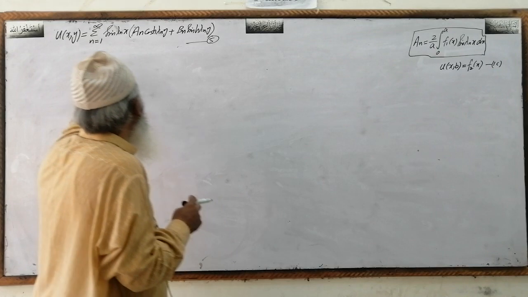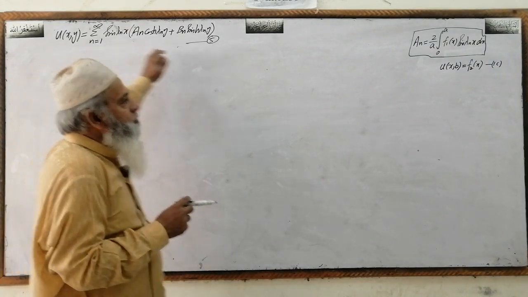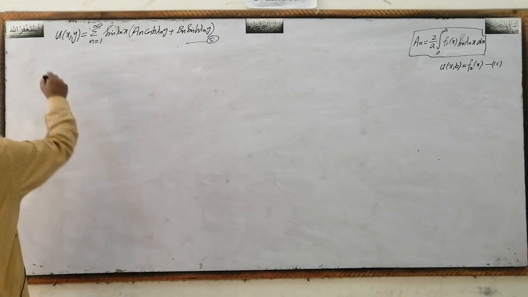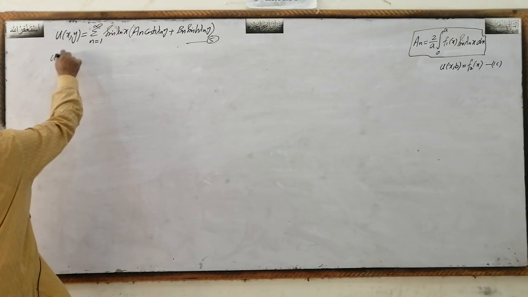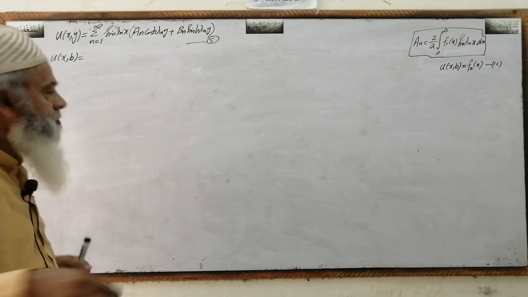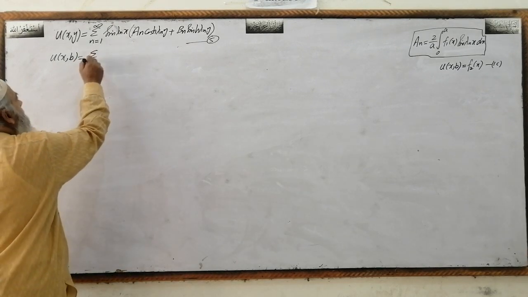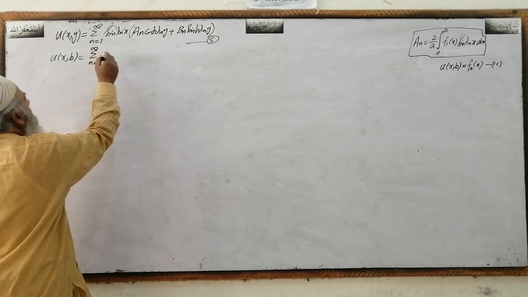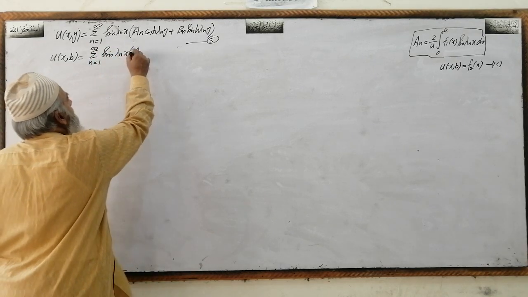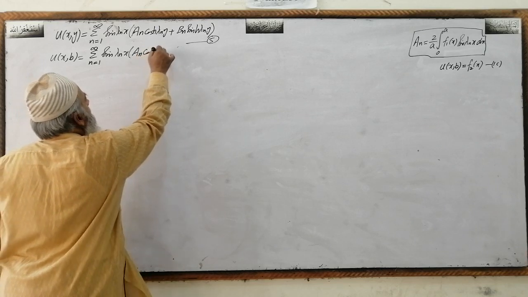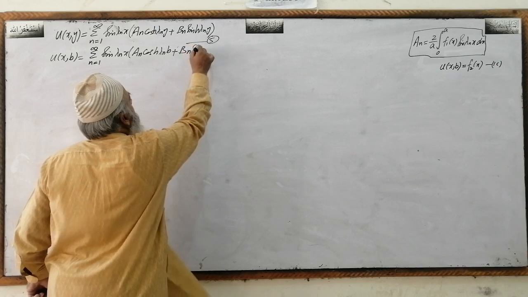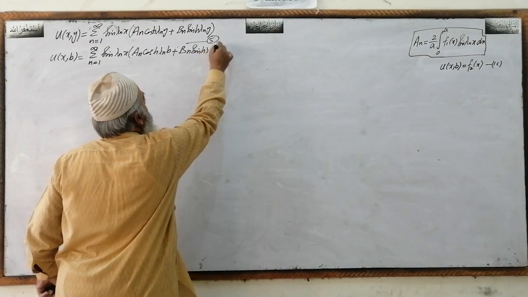Obviously, this is the solution u(x,y). Here we will put y is equal to b. Then what happens? u(x,b) is equal to sigma n varies from 1 to infinity sine lambda n x [an cosh lambda n b plus bn sinh lambda n b].